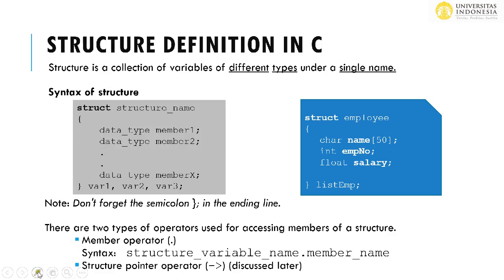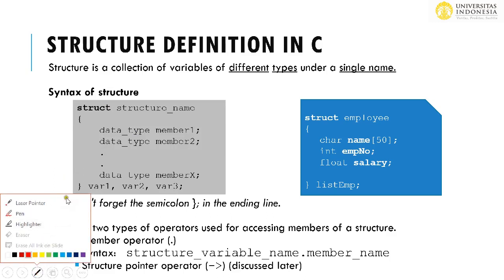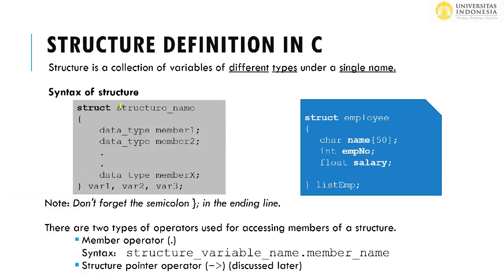Actually, we start first by knowing that sometimes a structure is also referred to as an aggregate in the C standard. It's a collection of variables of different types under a single name, right? So the keywords are different types and a single name.